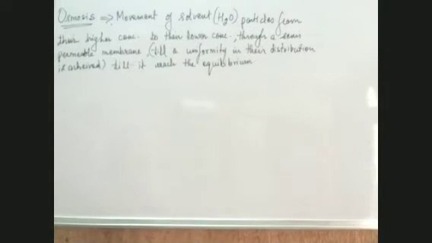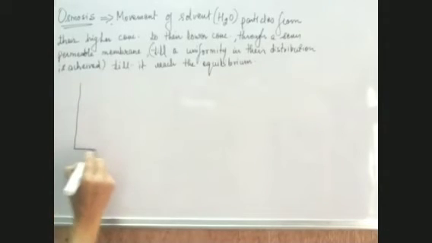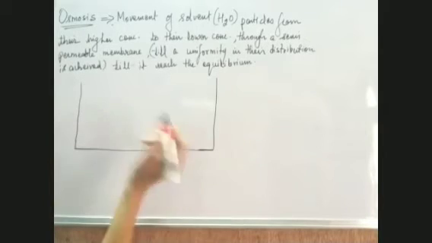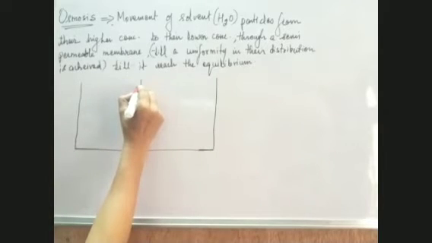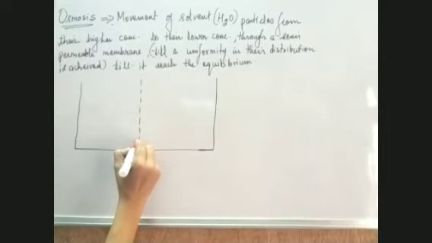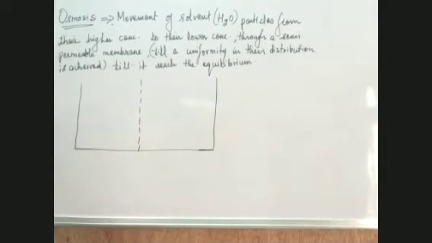Now, what is being talked about here? Here again, I'll make a tumbler. This time, of course, it is divided into two chambers, with a semi-permeable membrane in between. This is a semi-permeable membrane through which the movement of particles can take place.